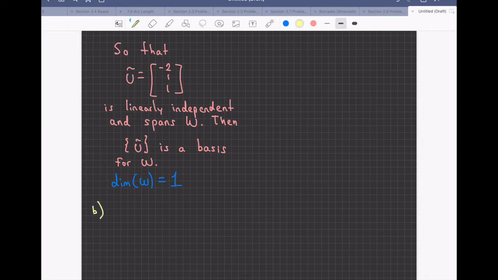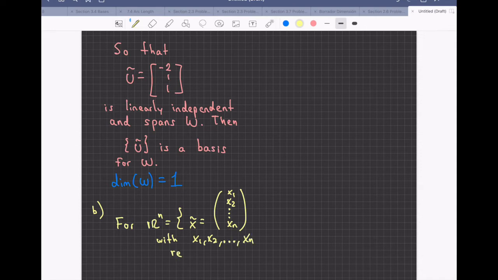Other example. For any Rn, remember this is all the vectors in the form (x1, x2, and so on up to xn) with all the x1, x2, and so on real numbers.